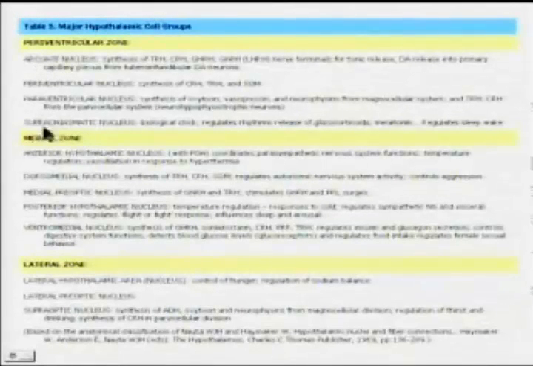The medial zone, I got off on the function there a bit, but I wanted to talk about that now because we won't include it in the later discussions specifically for the endocrine function of the periventricular zone. In the medial zone, there's the anterior hypothalamic nucleus, which is right with the preoptic area that we mentioned before.